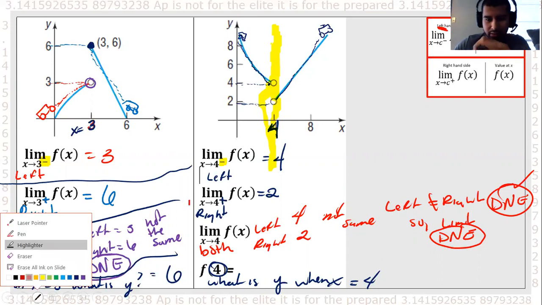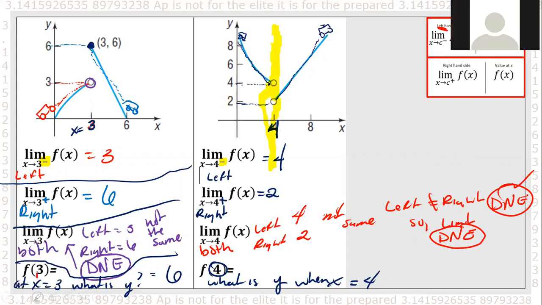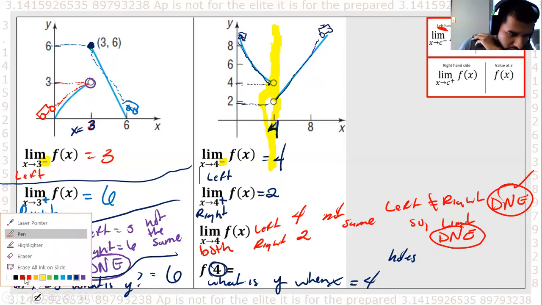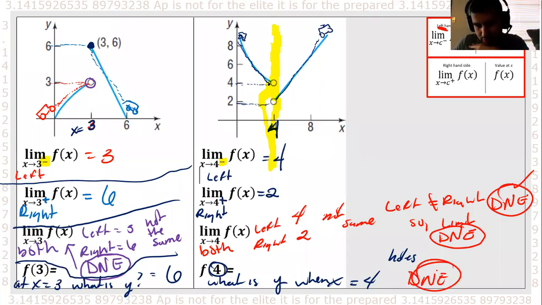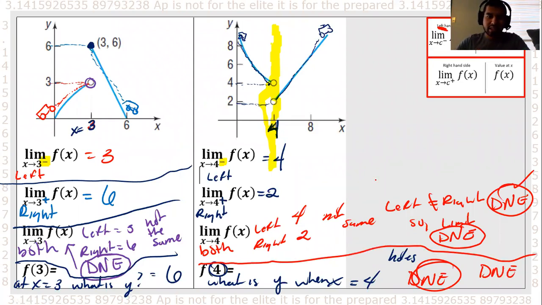There's a hole, right? Technically there's 2 holes. So therefore, I don't have a value. So that answer is also does not exist. So we found out 2 different ways of how to say that does not exist. When we have emptiness on the graph or holes, and when the limits are not the same.